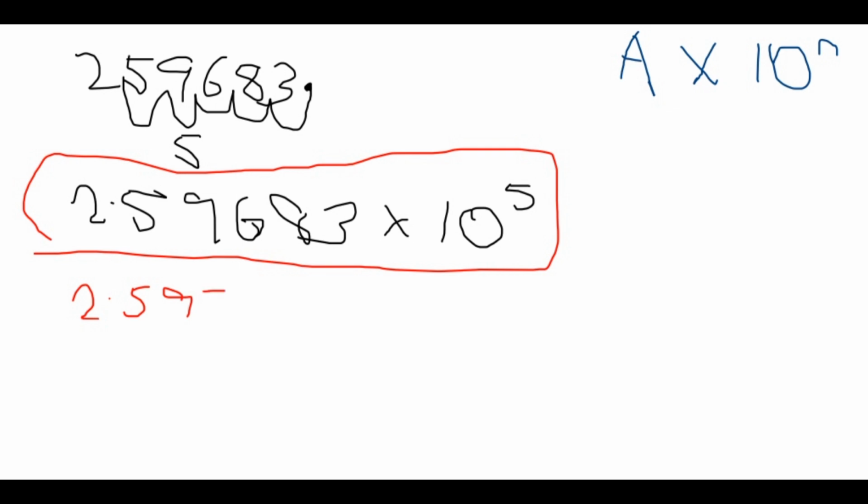The 7 came from approximating 8, which made this 6 turn to 7. Now we can leave it like this: 2.597 times 10 to the power of 5. But the one before is more accurate when you are converting to standard form.